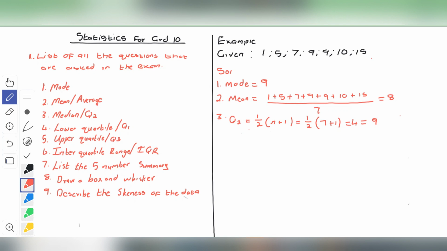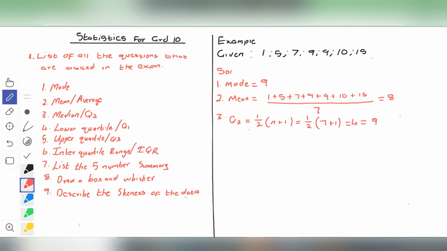This 4 is not the answer of the median, but it tells you where the median is: on the 4th position. So you're going to count the data set that you are given, and whenever you arrive at the 4th position, that's where your median is.